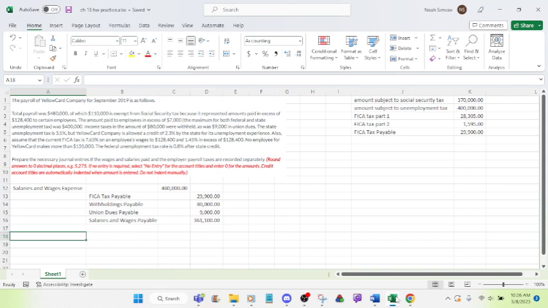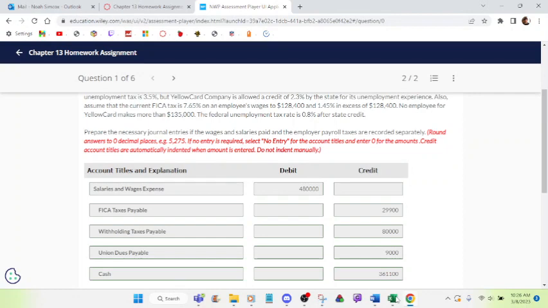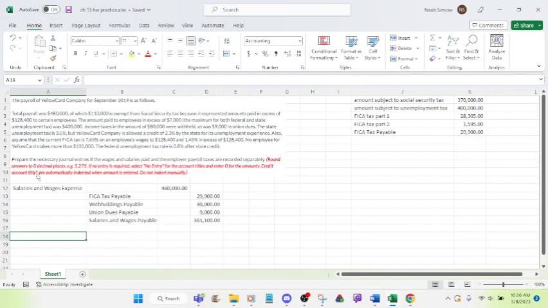Wait a minute. So second part now. Let's see. And the second part is the fact that the employer needs... Okay, so payroll tax expense, I guess, is what you say here.